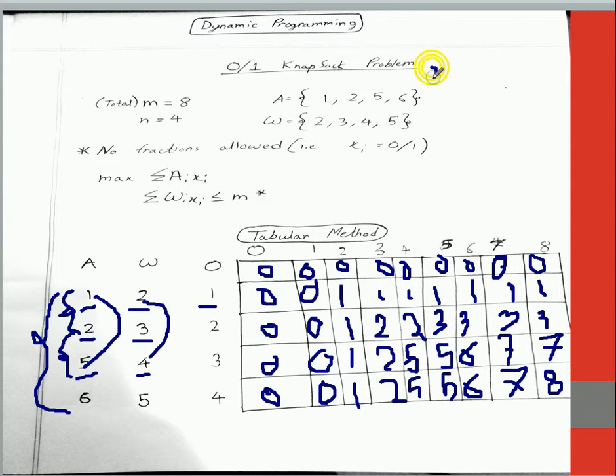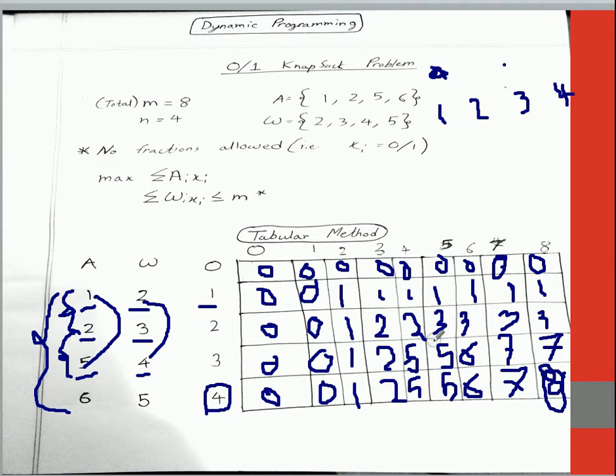So I will draw item 1, item 2, item 3, and item 4. You can call them x1, it's the same thing. Now let's see which is the largest. 8. We find 8 at item 4.